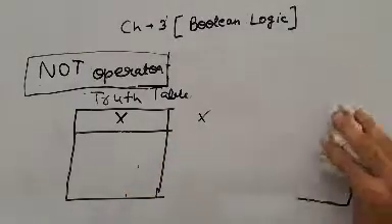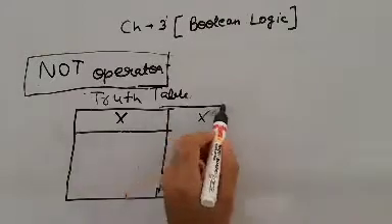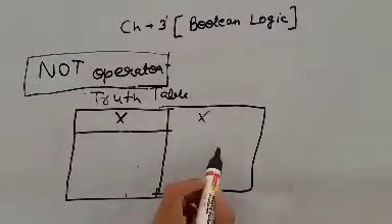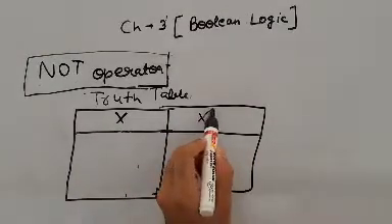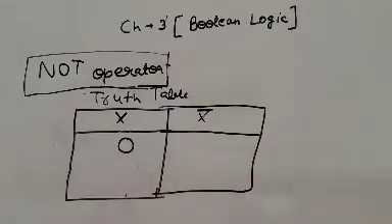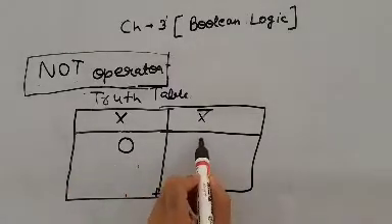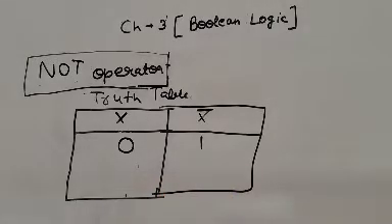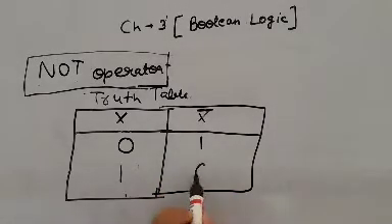Is that clear? X NOT. Now if you give 0 to the input terminal, you will get 1 on the output terminal, and if you give 1, you will get 0. It just reverses your input condition when you apply the NOT operator.